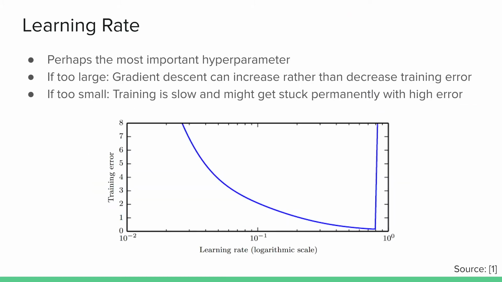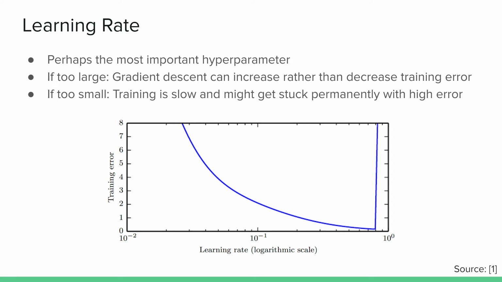The learning rate is probably the most important hyperparameter that you will encounter when you're training your network, and it is the step size that we're moving along in our landscape. And the problem is, if it's too large, gradient descent could actually increase rather than decrease the training error.